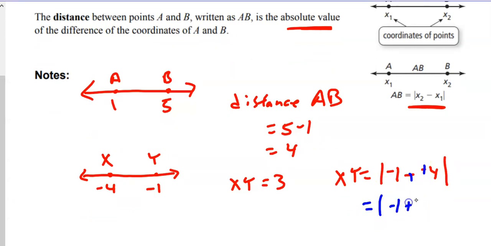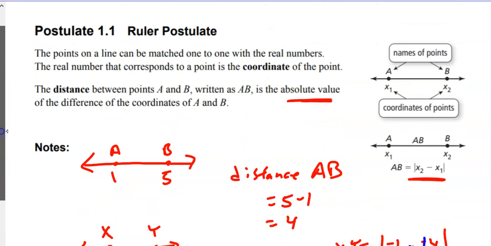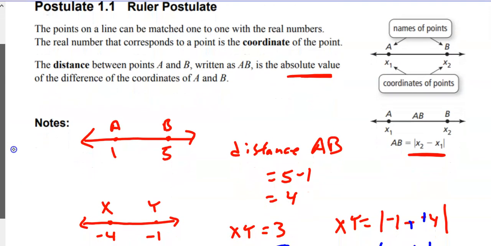If you want to write that extra step out, completely fine. Now I add those together, I get 3, and the absolute value of a positive number stays positive. If that was the absolute value of -3, it would go to positive, but the distance there is 3. So that is what is meant by the ruler postulate.